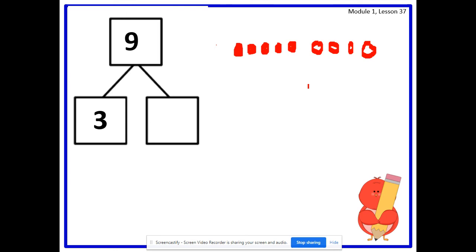Then we cross off part given. Well, what is the part they are showing us in our number bond? Get ready. Yes, 3. So let's go ahead and cross off 3.